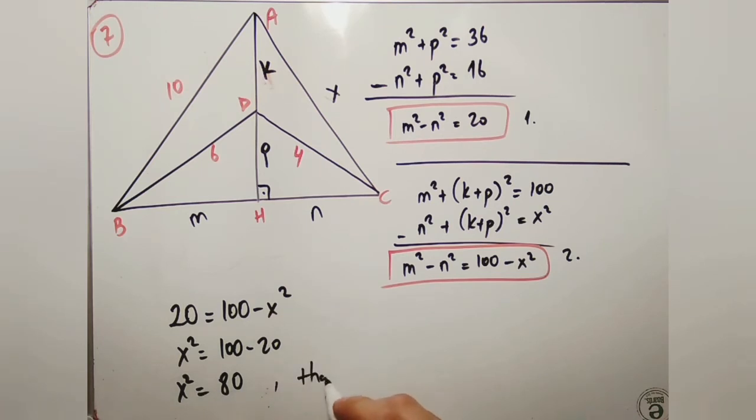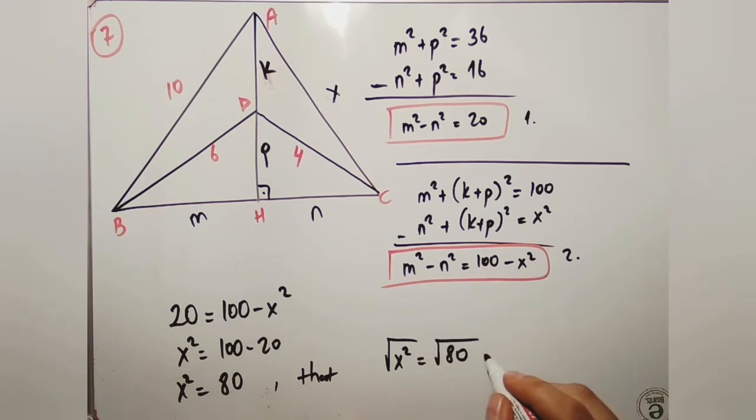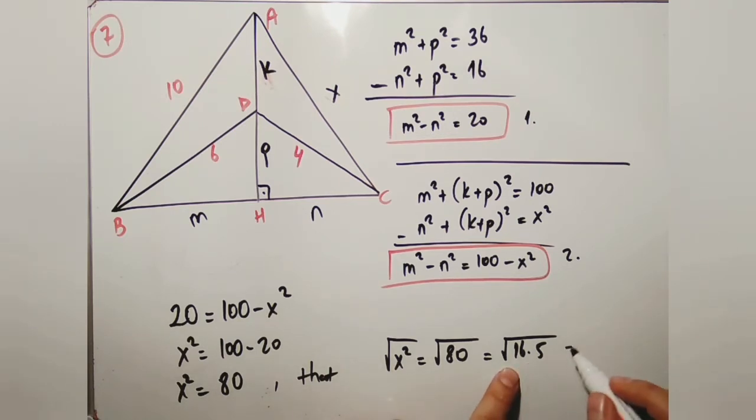That is, when we take the root of both sides, it is 16 times 5. We have to find here one perfect square, which means 4 root 5 centimeters. What is it? It is the length of AC.